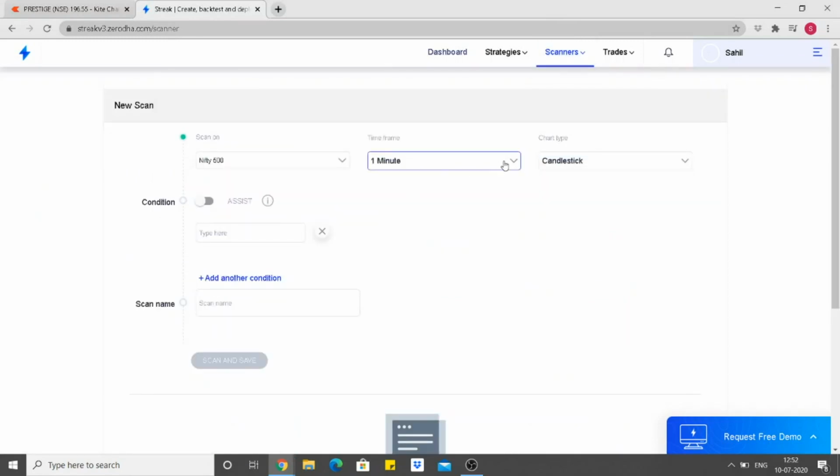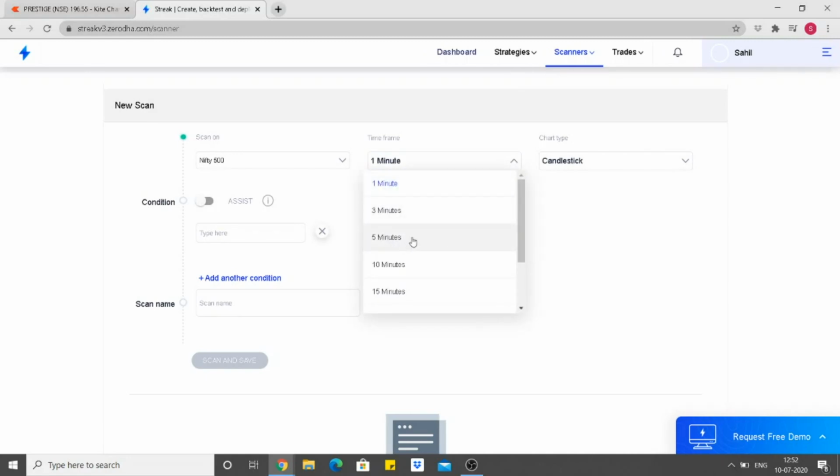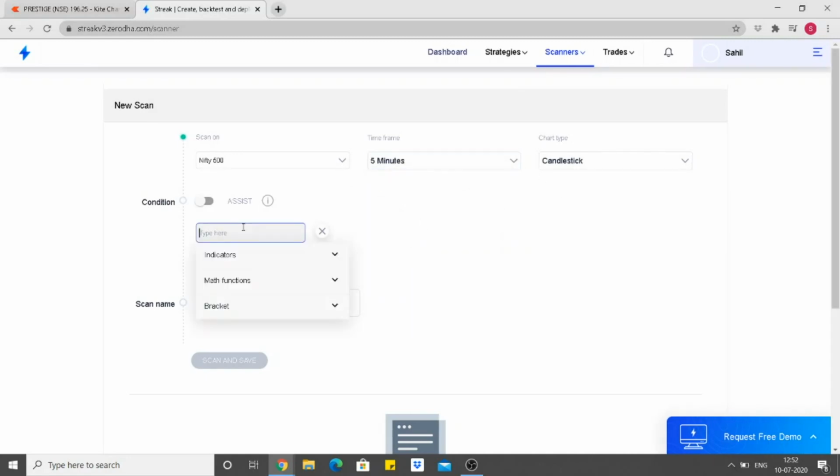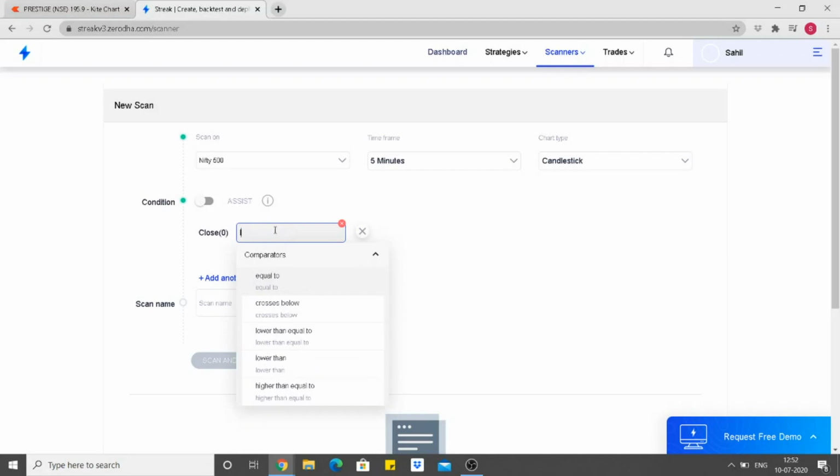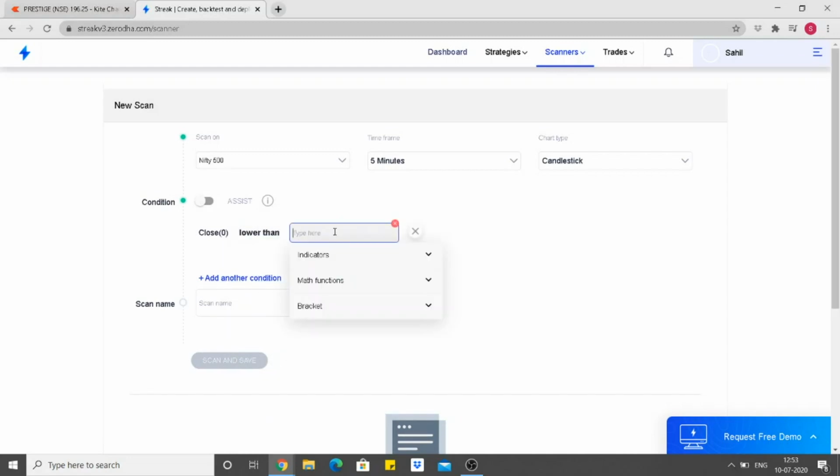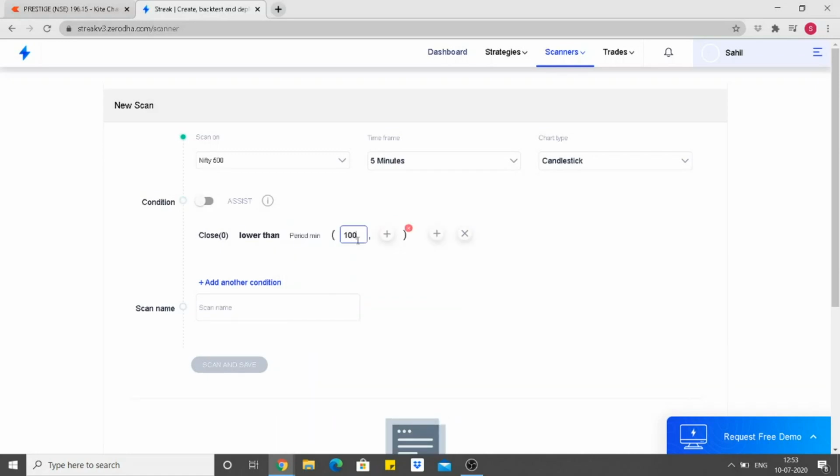Nifty 500, we'll be scanning these stocks. Time frame 5 minutes. Close lower than period min 100, because we want to compare the current price to the lowest price in the last 100 candles.